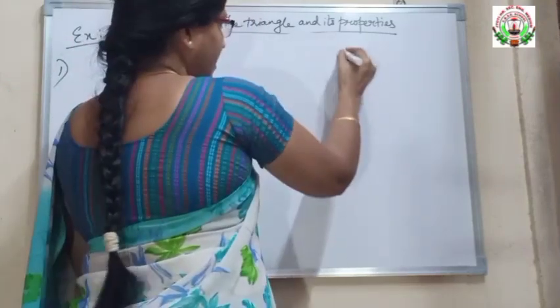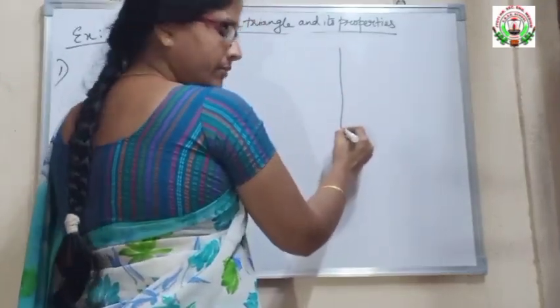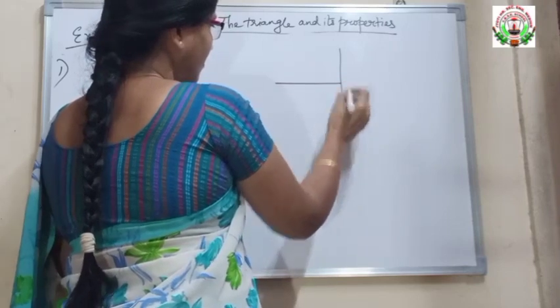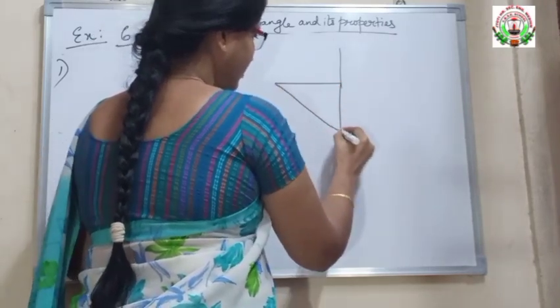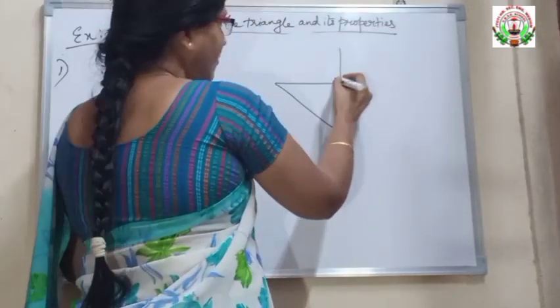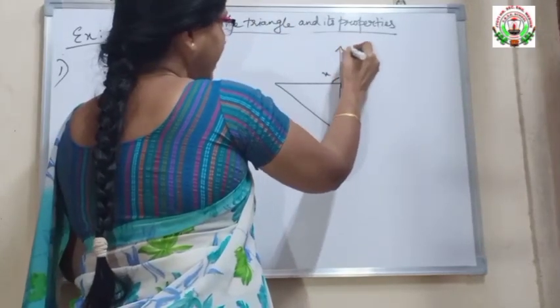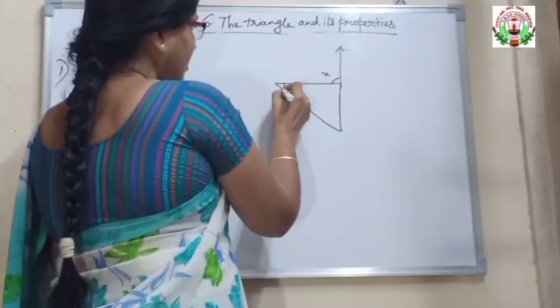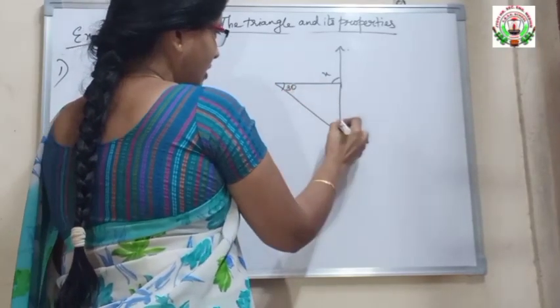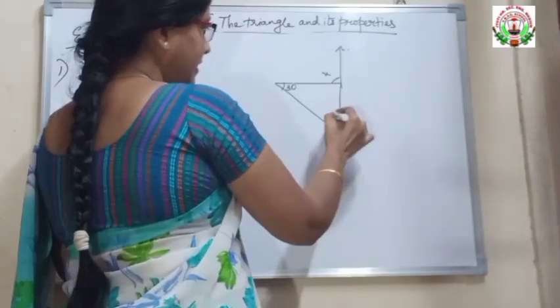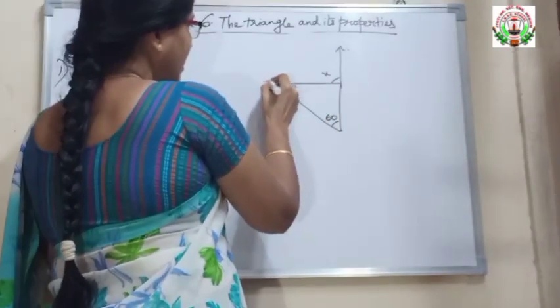See, they have given a figure like this. Here they have given x. Here 30 degrees. And here they have given as 60.